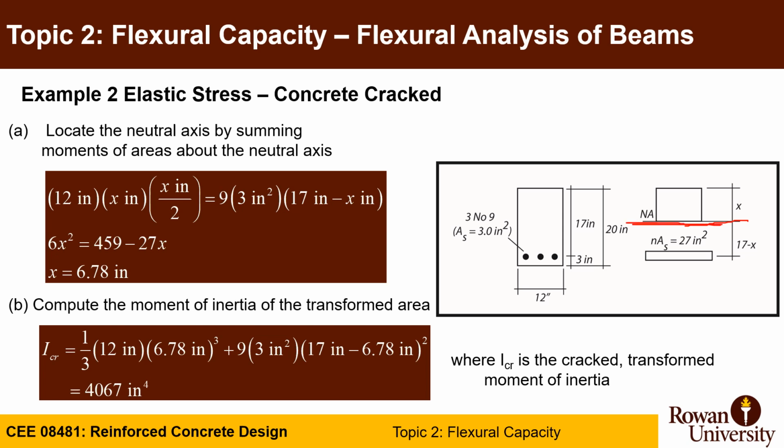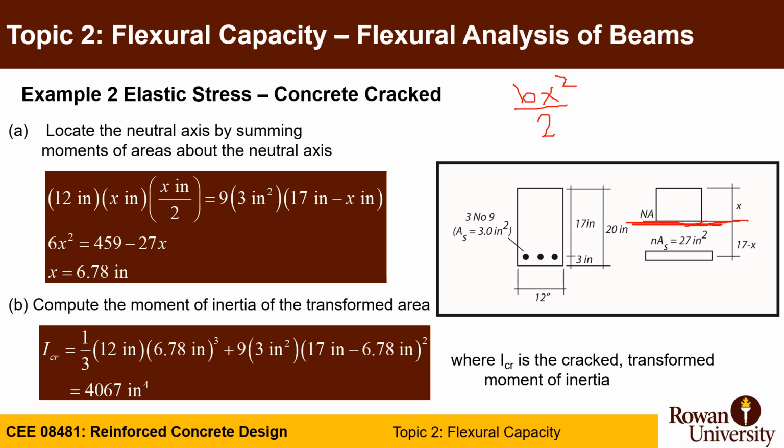So if you take the moment of area of this rectangle around the neutral axis, which is the edge of the rectangle, not the centroid of the rectangle, the moment will be bx squared divided by 2.